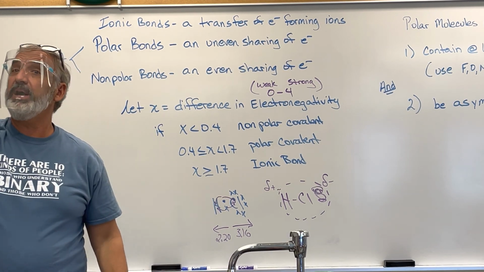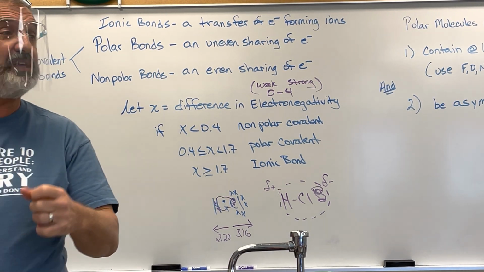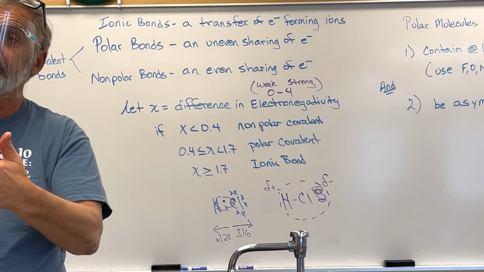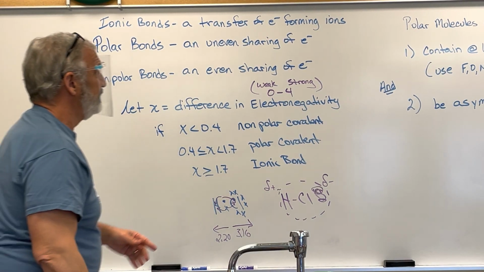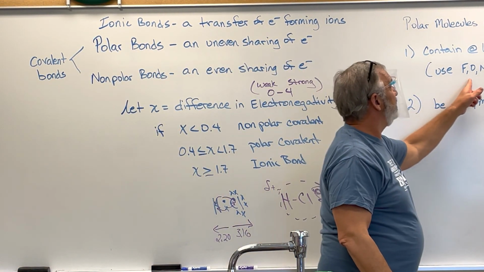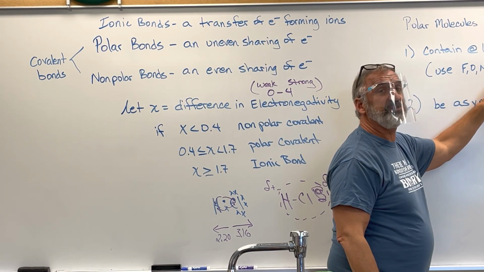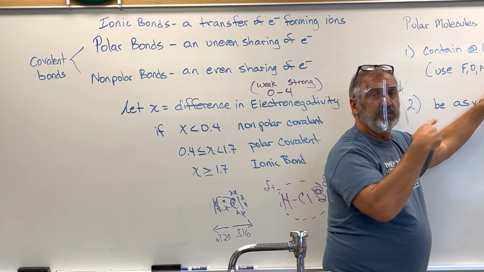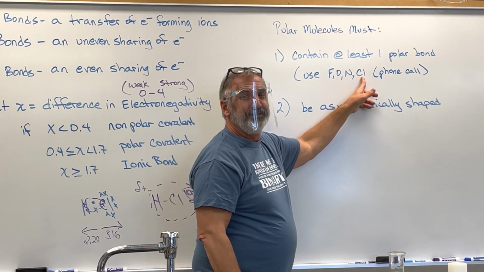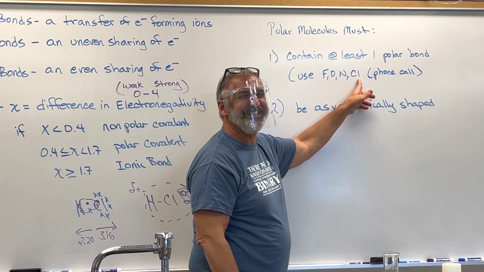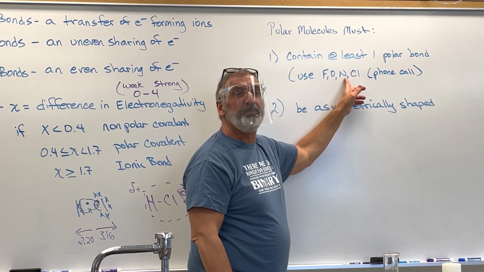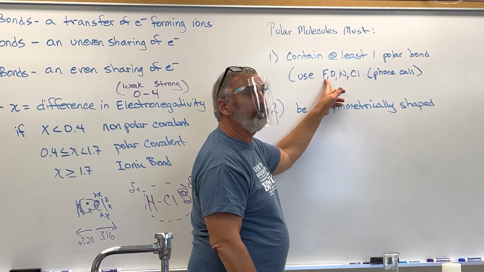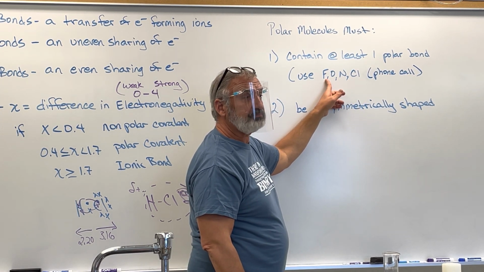But when you start combining nonmetal with nonmetal, now the electronegativities are much closer. However, fluorine, oxygen, nitrogen, and chlorine, these are your big four. Fluorine's number 1 at 3.98.